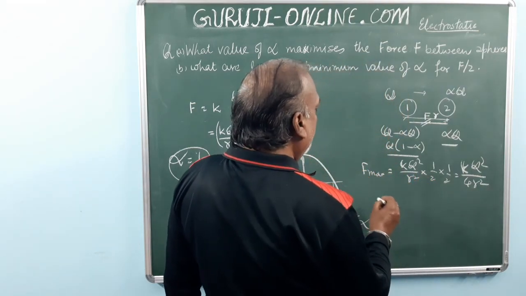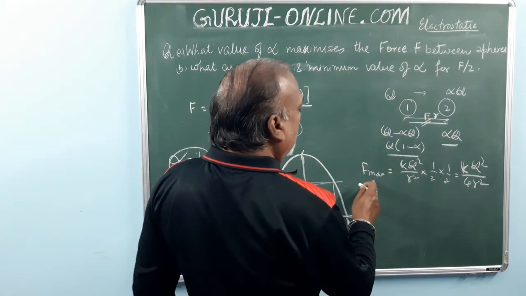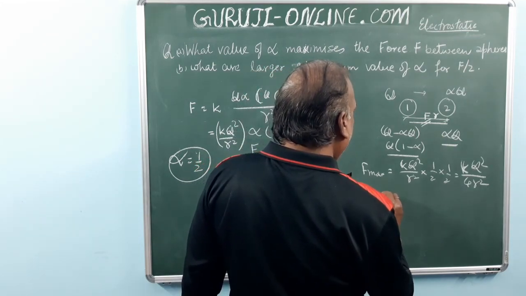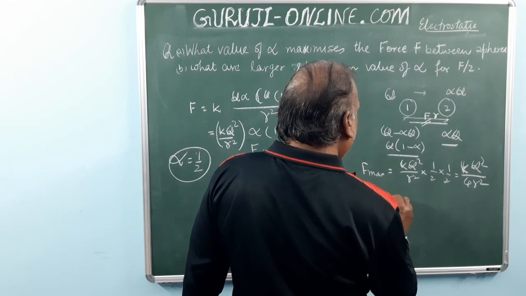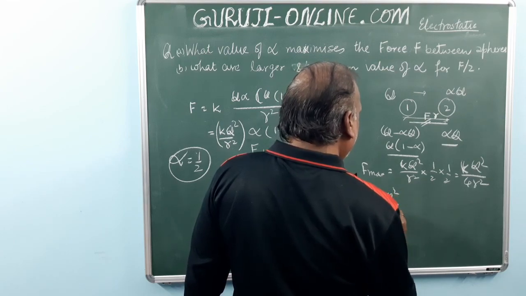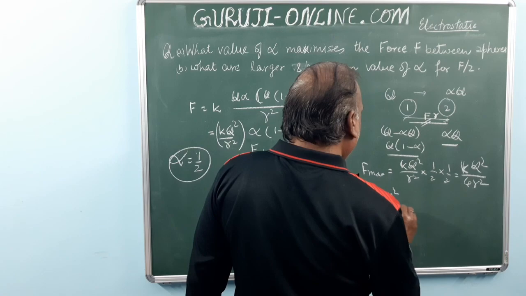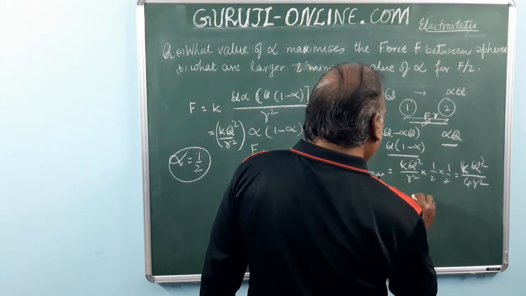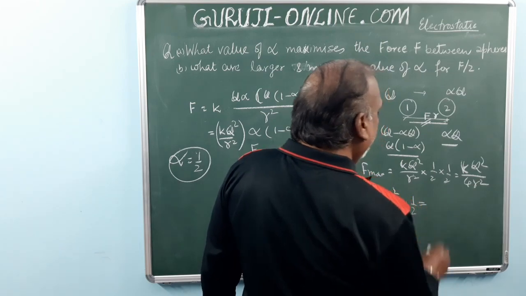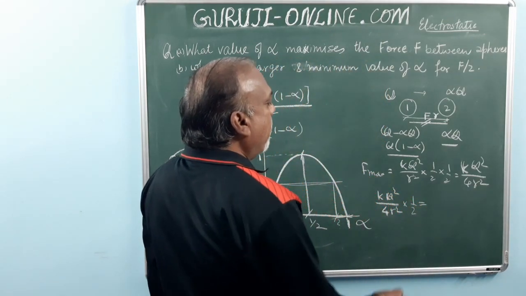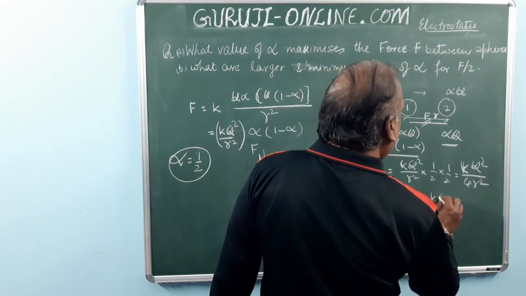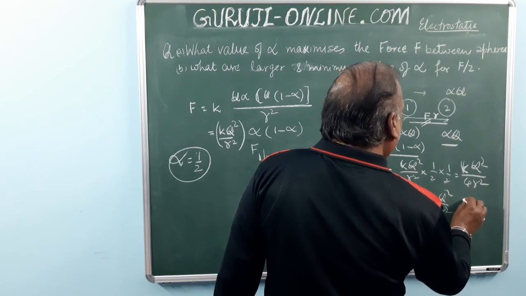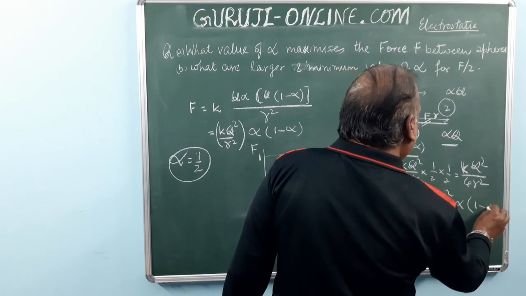Now for problem B, it is F max by 2. So this will be k Q square upon 4r square into 1 by 2 must be equal to k Q square upon r square, alpha 1 minus alpha.